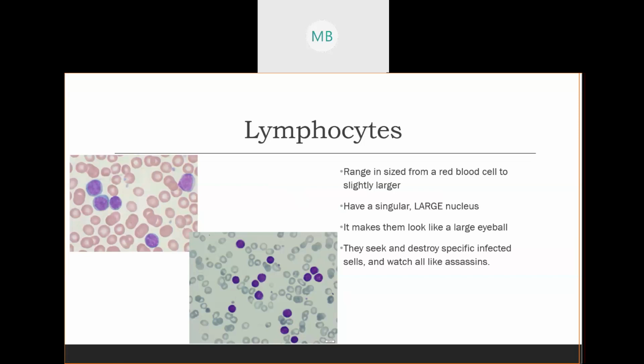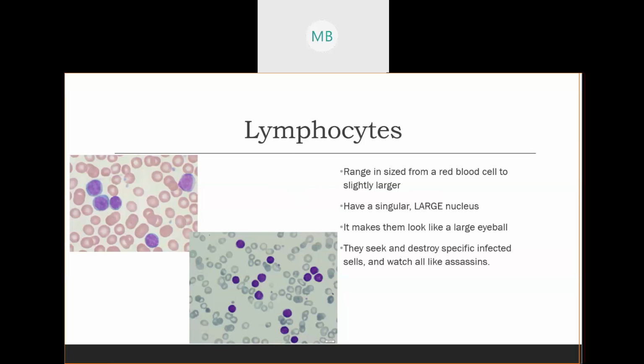So your lymphocytes are going to have a single large nucleus, and frankly, that really big nucleus makes it look like a really big eyeball. The job of these cells within your immune system is that these guys are your T cells. They seek and destroy specific infections.